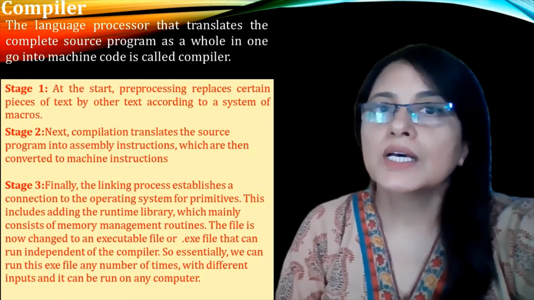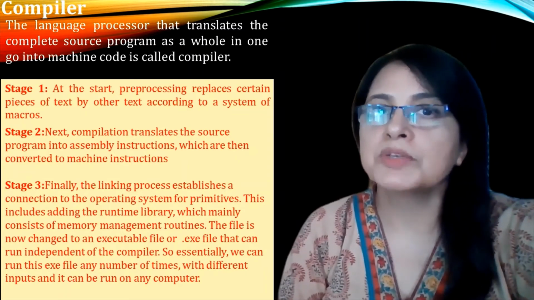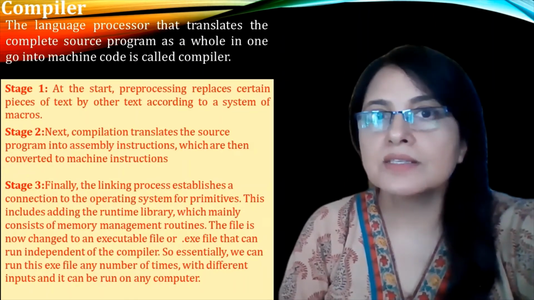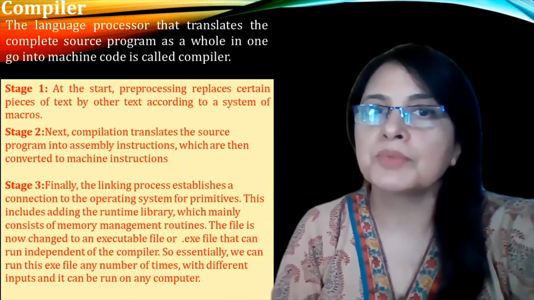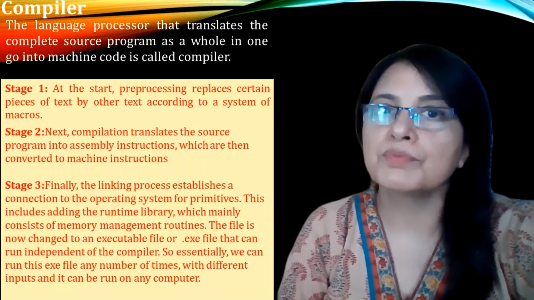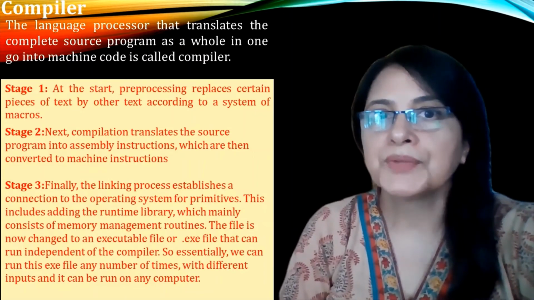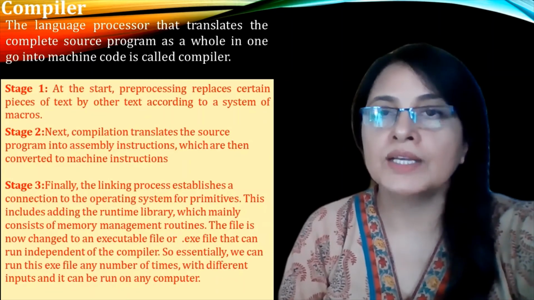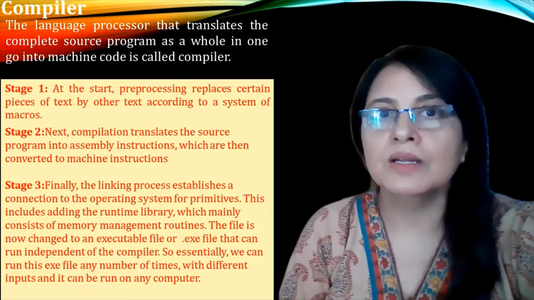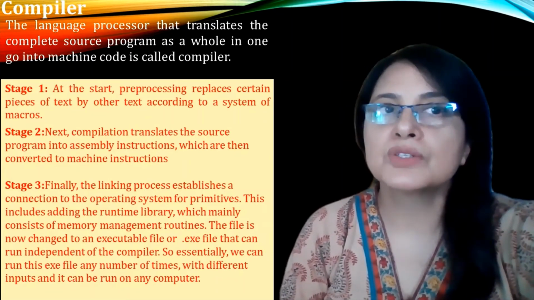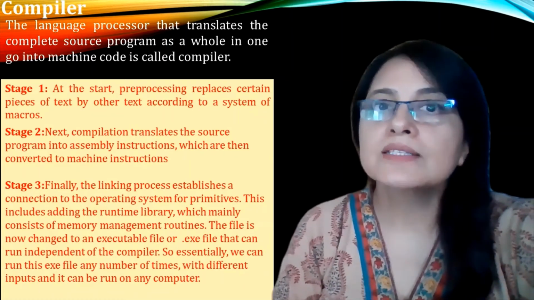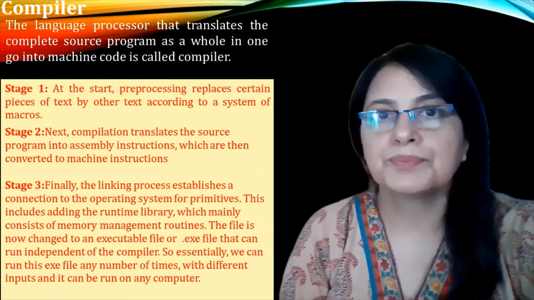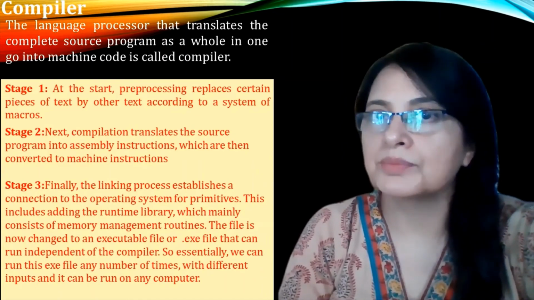Stage 3, the linking process, establishes the connection to the operating system for primitives. This includes adding runtime libraries, which mainly consist of memory management routines. Now the file is changed into an executable file, or a .exe file, which can be run independent of the compiler. It can be run many times with different inputs, and it can be run on any computer.